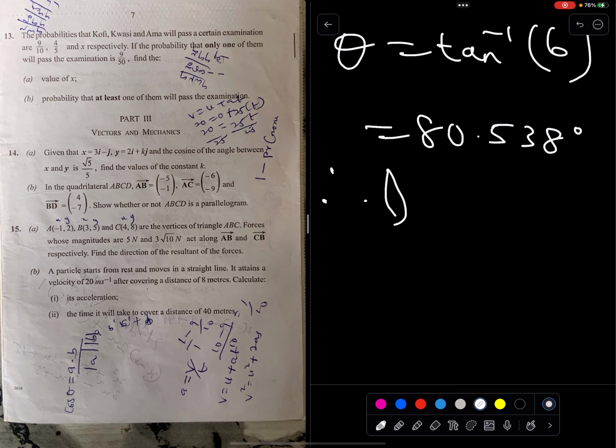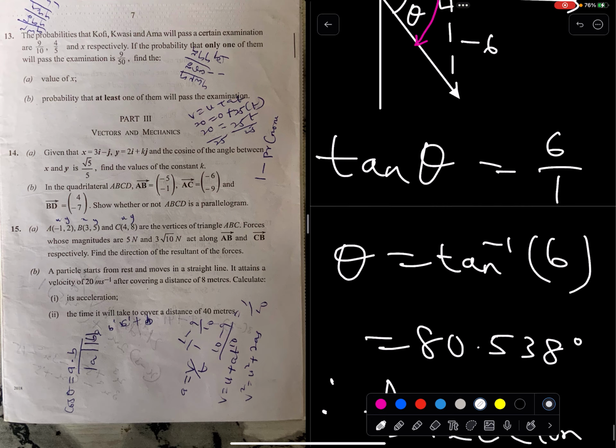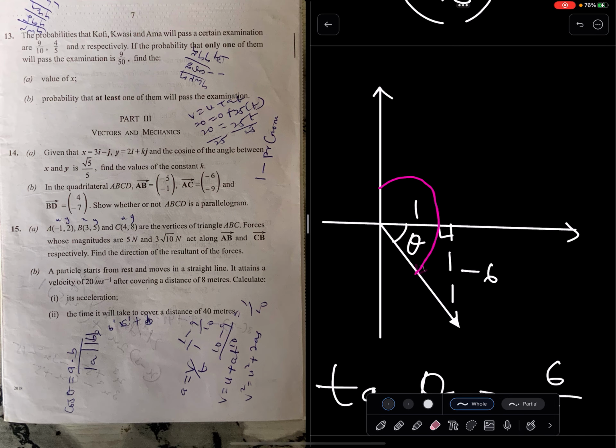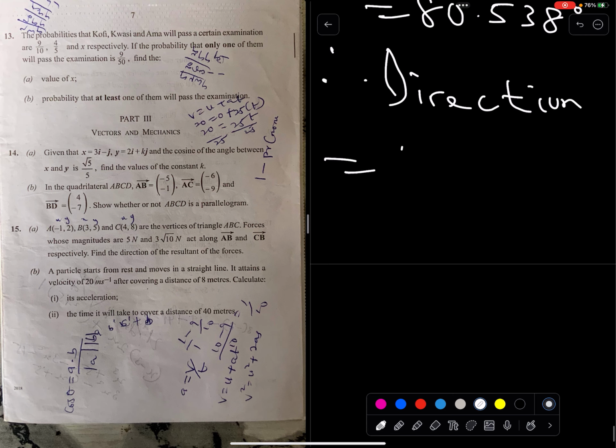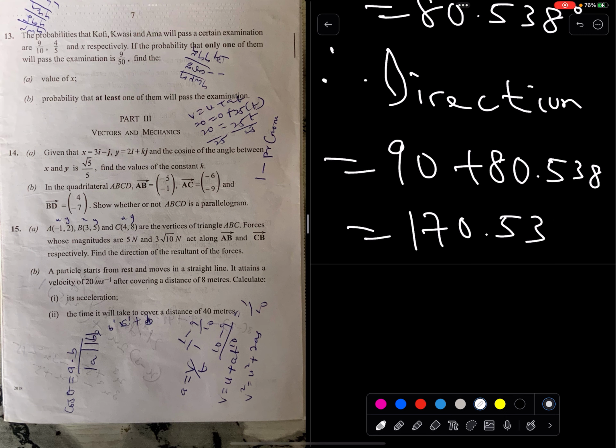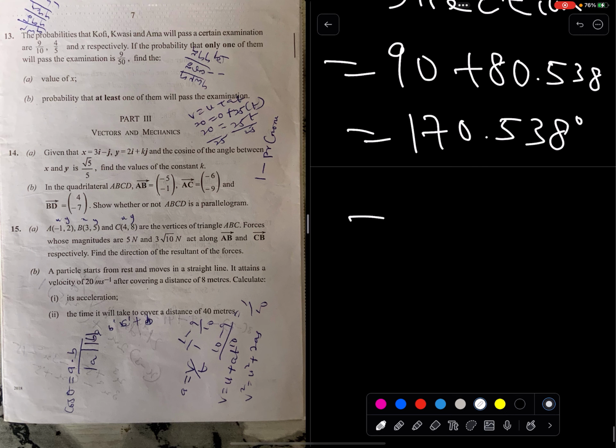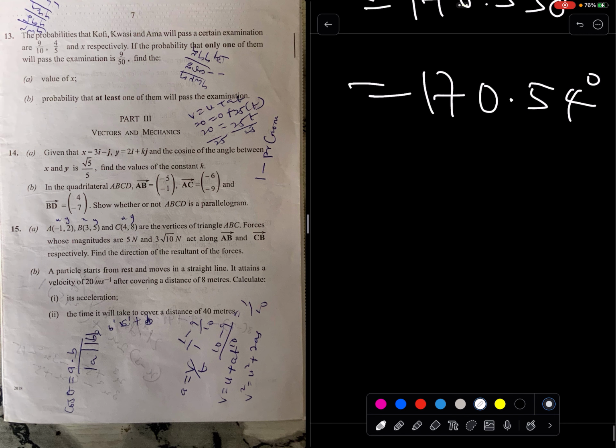Therefore, the direction of the resultant, of course, we already said that it is 90 plus theta, and theta is 80.538. And that's simply 170.538 degrees, which is approximately 170.54 degrees. And that's it. Very, very simply.